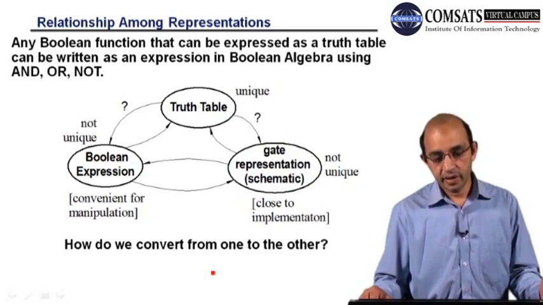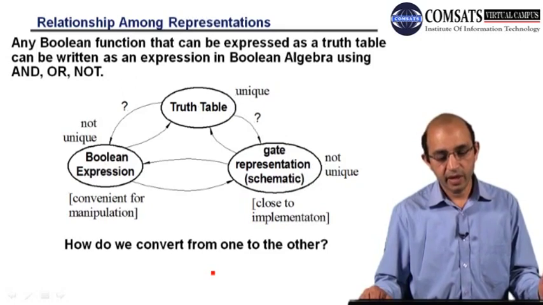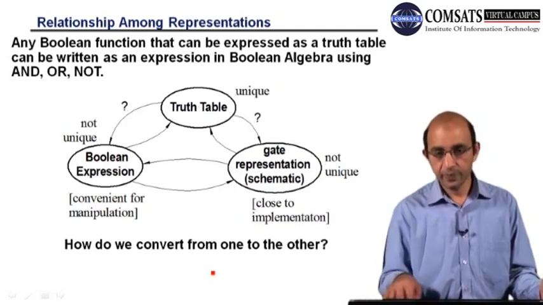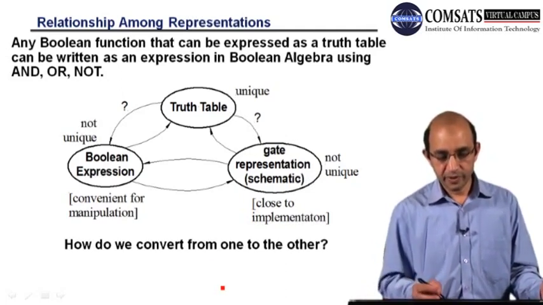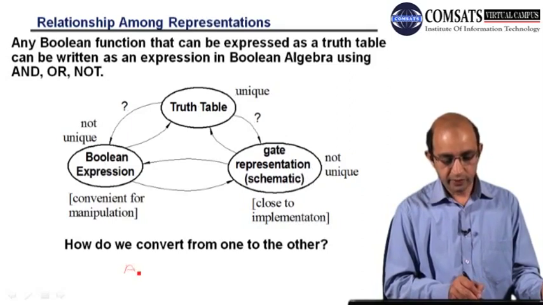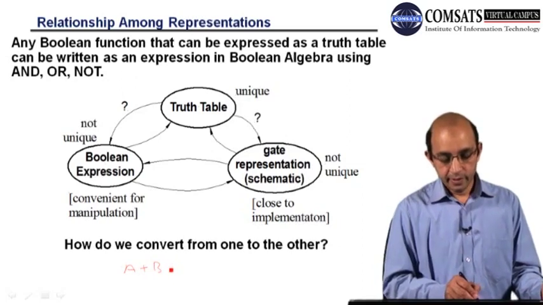There is another way that is used for circuit representation, and that is you can also represent your design with the help of a Boolean expression. But this is not unique. You can always have a number of expressions. Let me give you an example. For example, if we have A plus B, what I can do is put a C plus C bar.